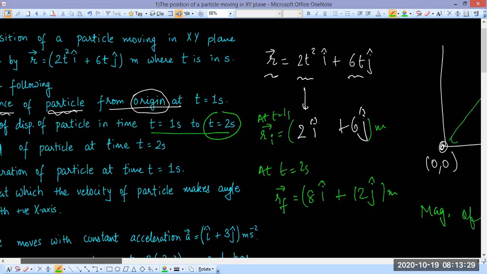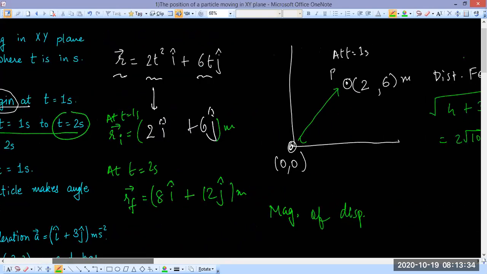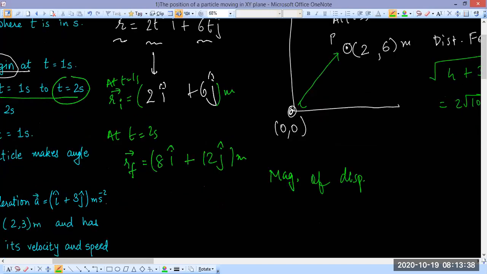Now we have to find the magnitude of displacement. So first of all, we'll find displacement. How do we find displacement? What is displacement? It is delta r vector, r2 minus r1. If we do that, we are going to get 6 i caret plus 6 j caret.